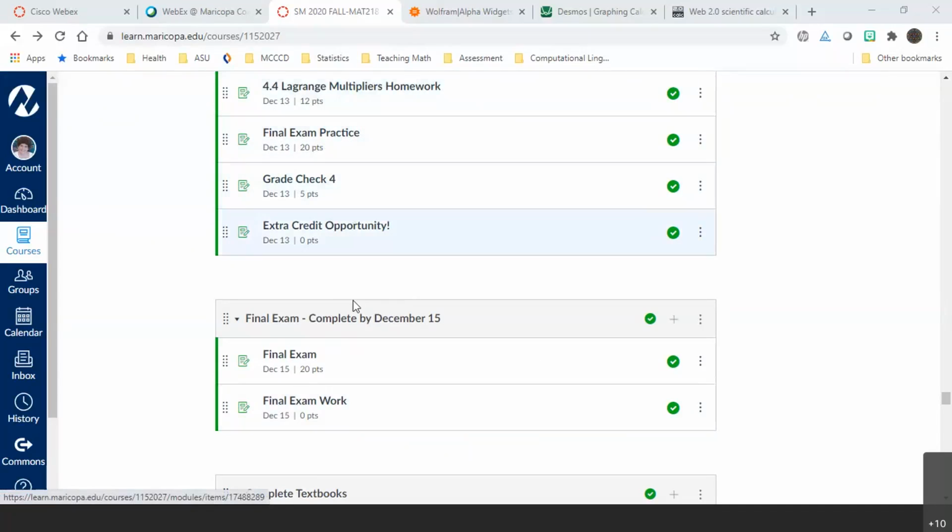What affects your grade is the final. And what I'm going to do with your final exam grade is I'll go back through the course, and as long as you scored higher on the final than your lowest exam score, I'll make a replacement. So as long as you do well on the final, it can pull up your lowest exam grade as well.